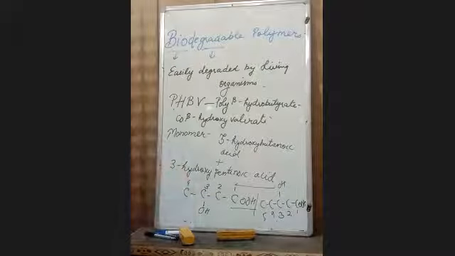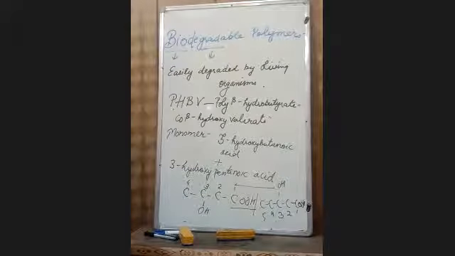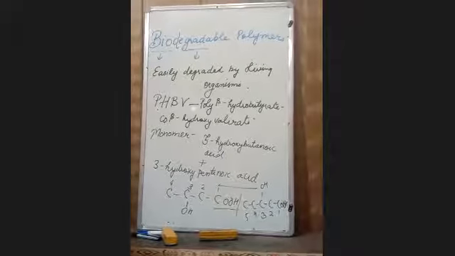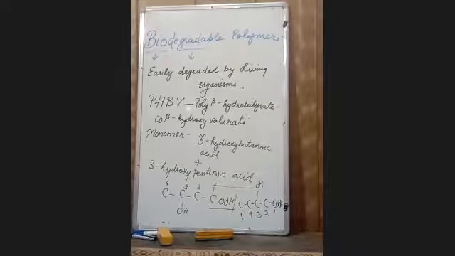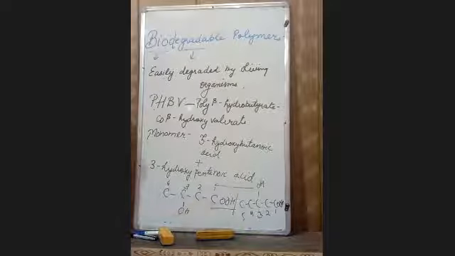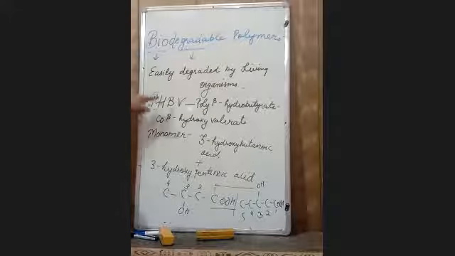And where we are using this polymer: it is used in orthopedic devices and in the controlled release of drugs. It is the outer covering of capsules. We are using capsules in the form of medicine now. The outer covering of that medicine is your PHBV.